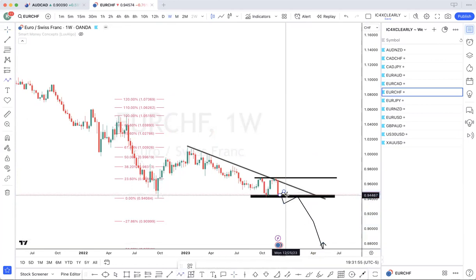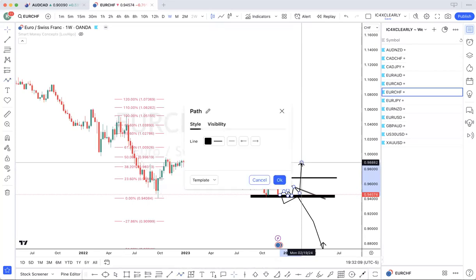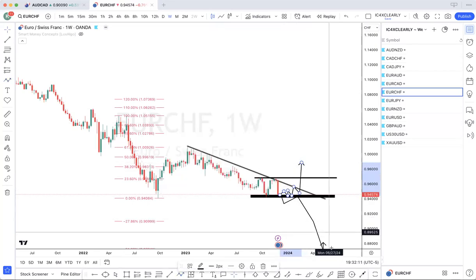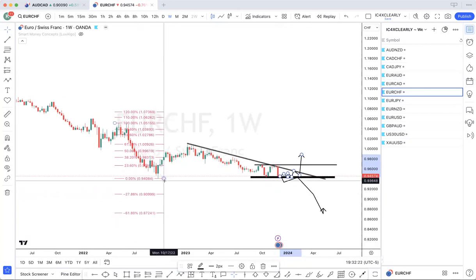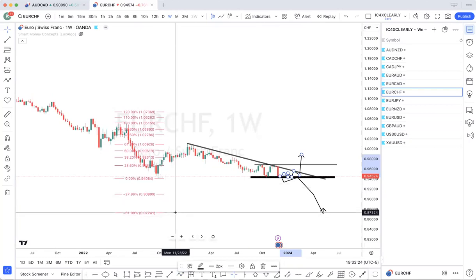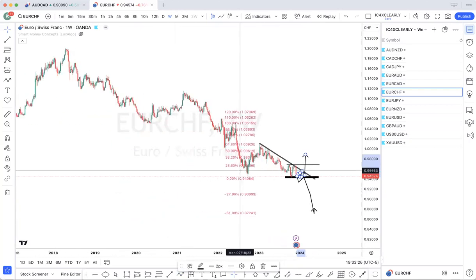So we may get a little something here in this zone, start breaking structure, pull back, and then continue to the top side, or like we said, break through, pull back, and maybe continue to the -27 or the 618. Okay.